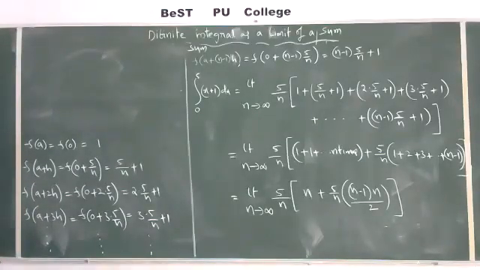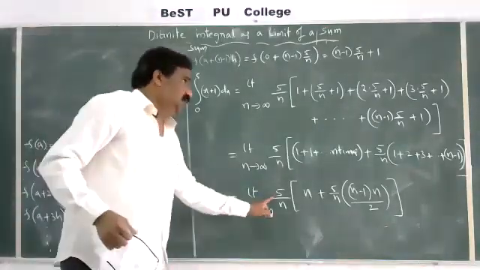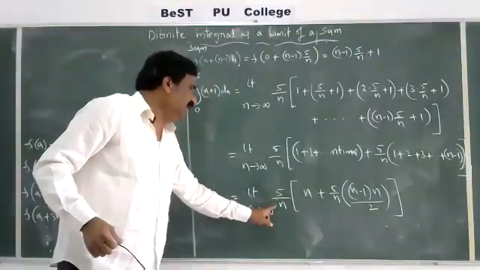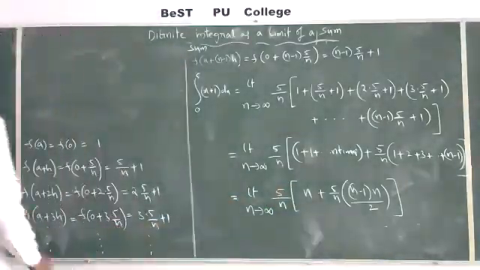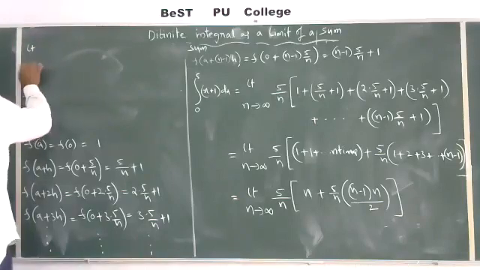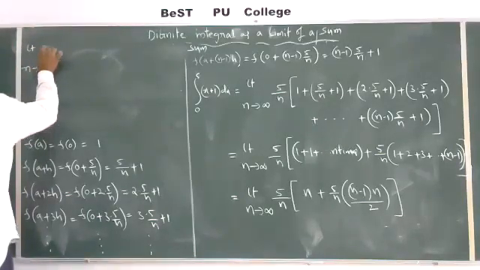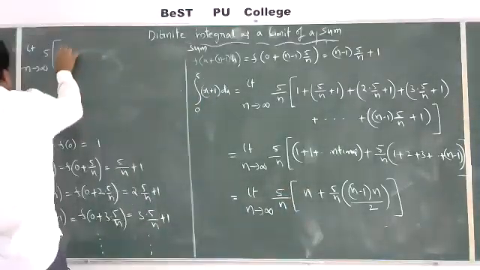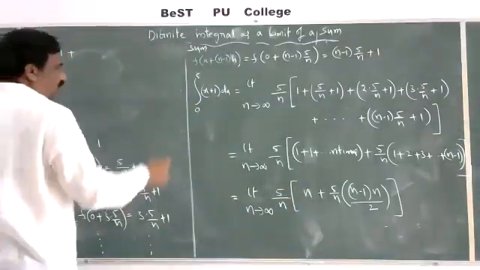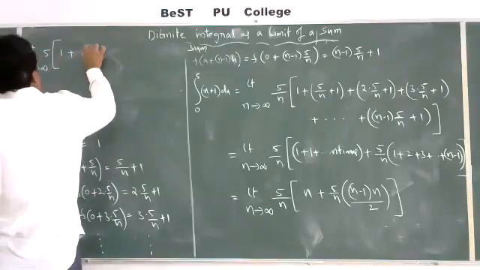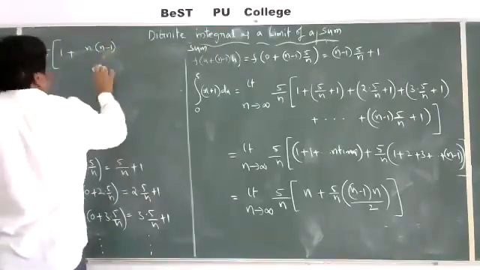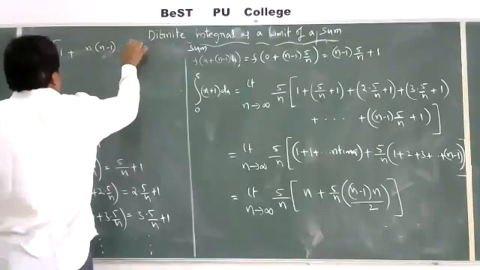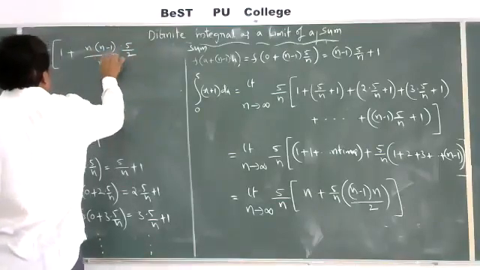Then multiply 1 by n. So 5 is here only. 1 by n multiplying inside the bracket, you get limit n tends to infinity, 5 is outside the bracket. n by n, you get 1 plus n into n minus 1 into 5 by 2 by n square.